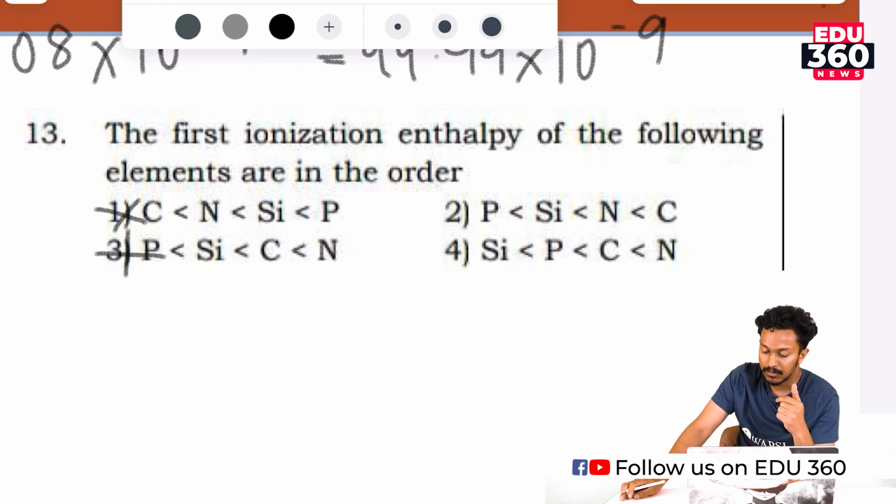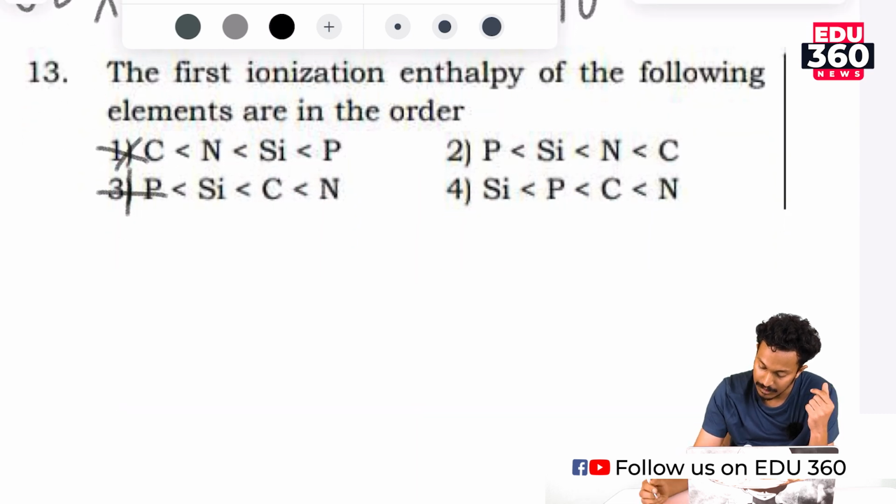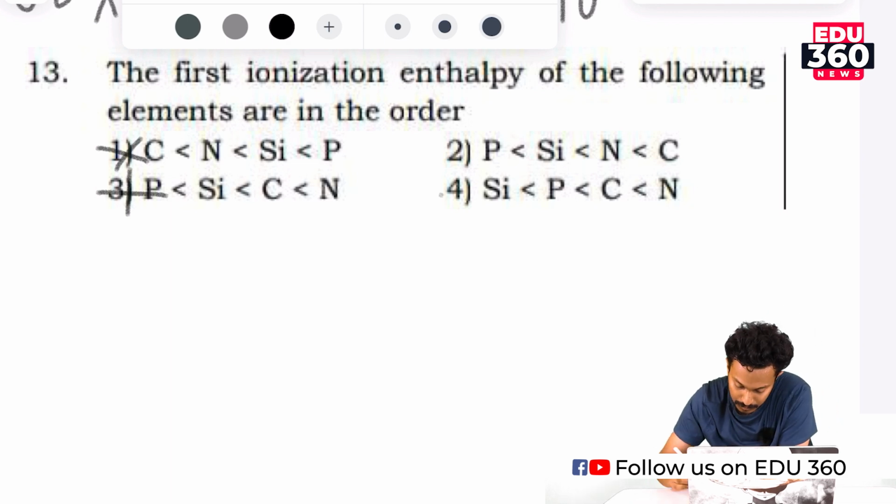It decreases from top to bottom. So we could say that option number 4. Okay.